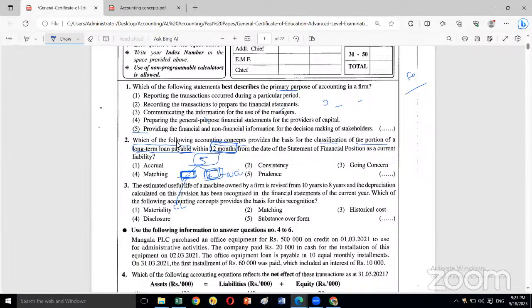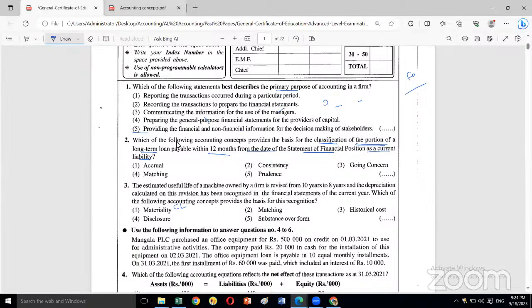So that is what they are saying here: which of the following accounting concepts provides the basis for classification of the portion of a long-term loan payable within 12 months from the date of the statement of financial position as a current liability?